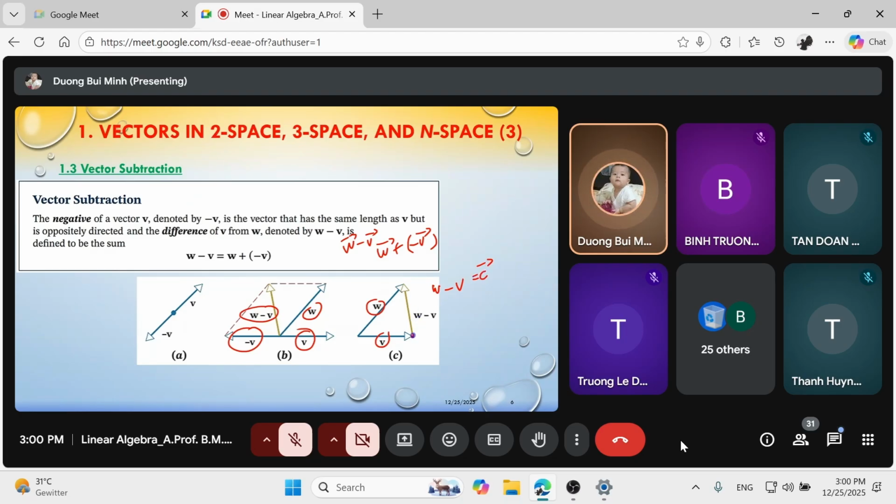The tail will be here and the tip will be here.